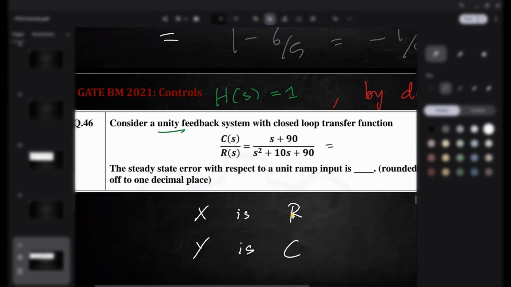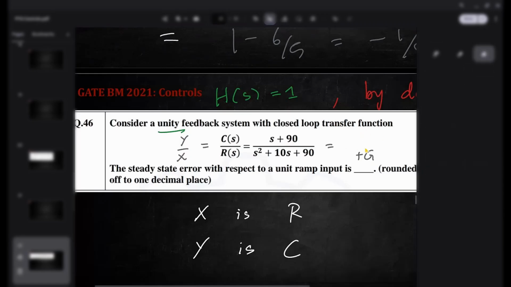So the input is R and the output is C. So C by R is technically what we saw so far as G by 1 plus G. This is technically Y by X, which by definition is the closed loop transfer function.